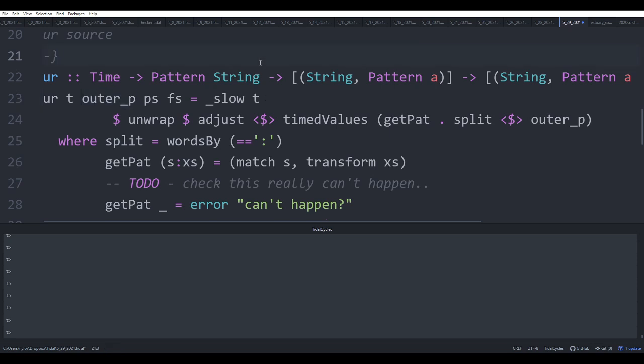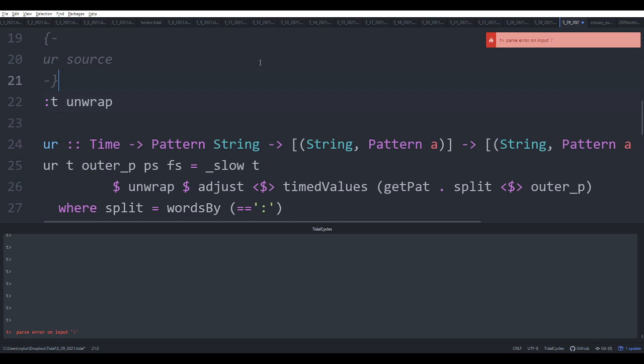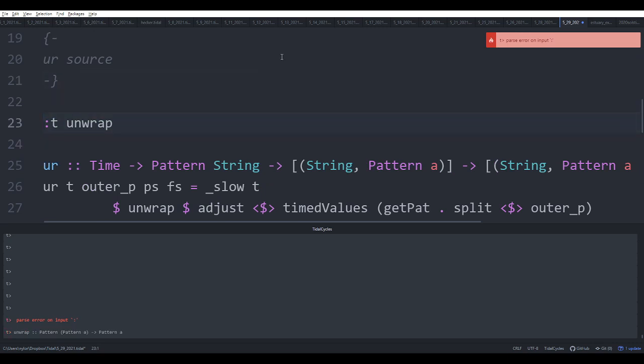Then unwrap. We should talk about what unwrap is. Let me see, is it in scope already? Yeah, so unwrap has this type.